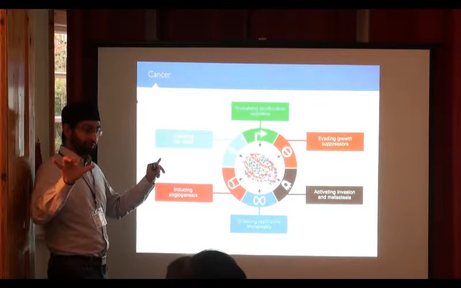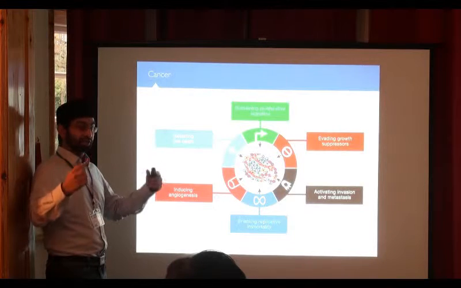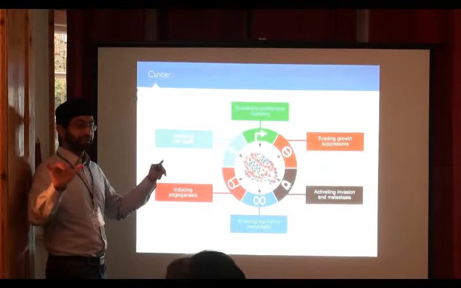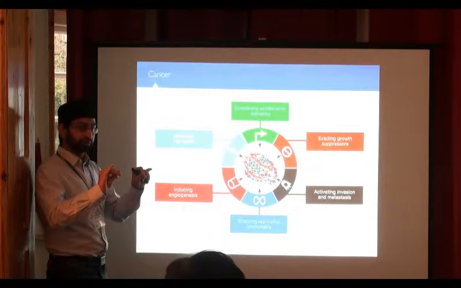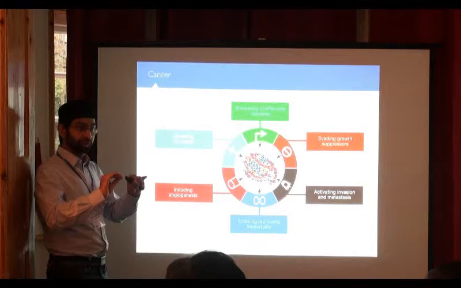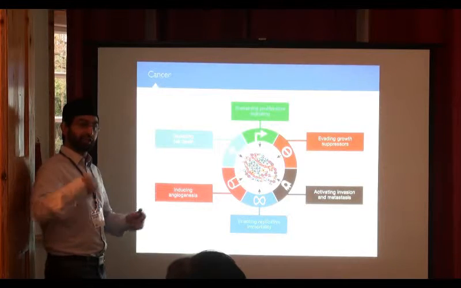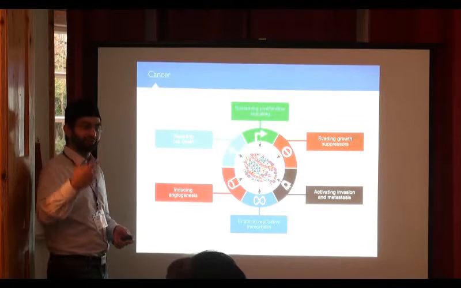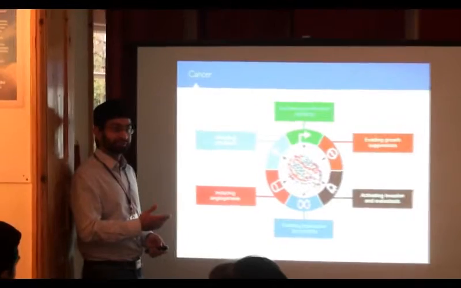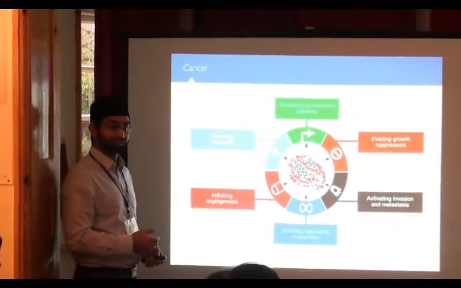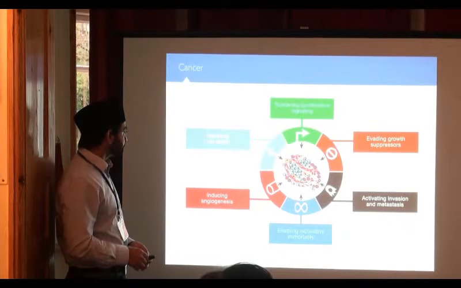It has a fixed length, and as cells duplicate, that length gets smaller and smaller. When that length has disappeared, your cells cannot replicate anymore. So it's like an inbuilt end-of-time clock in your body. But what these cancer cells do is evade that. They increase the length of the telomerase, and many other things.